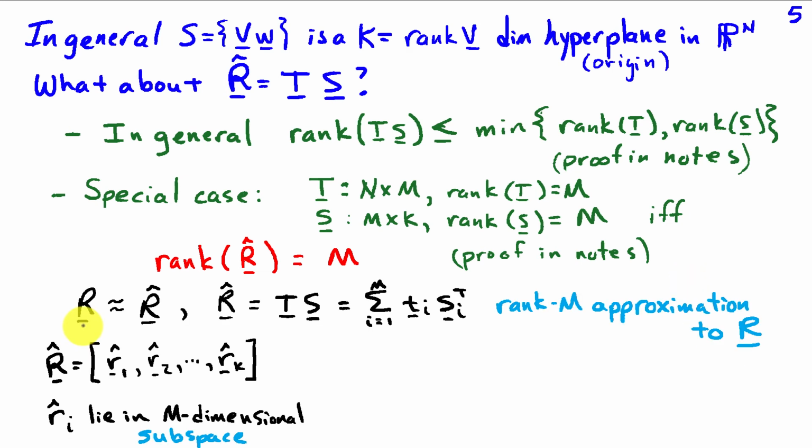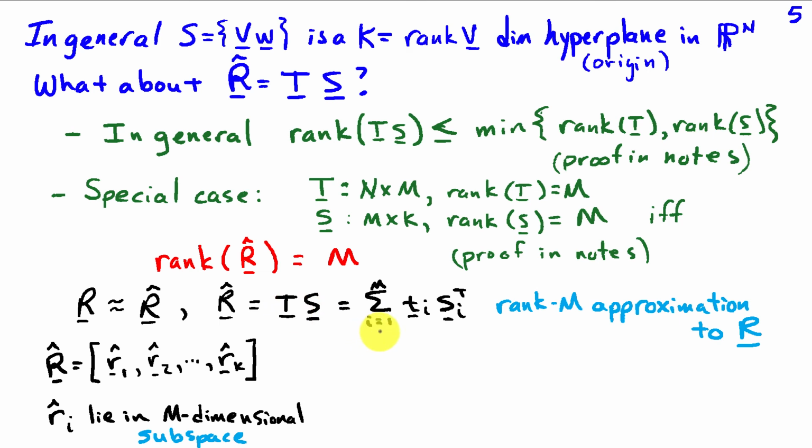So if we take some ratings matrix R or some other data matrix and we represent it as a matrix R hat, where we write R hat in this outer product form, recall we talked about the columns of T being tastes, and the rows of the matrix S are weights that tell how those tastes are put together.